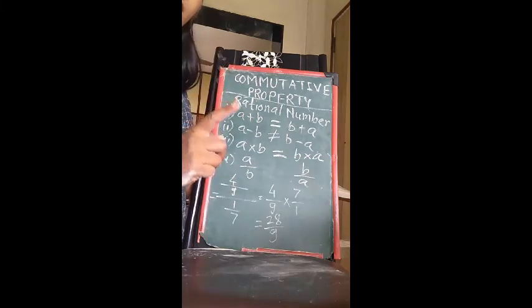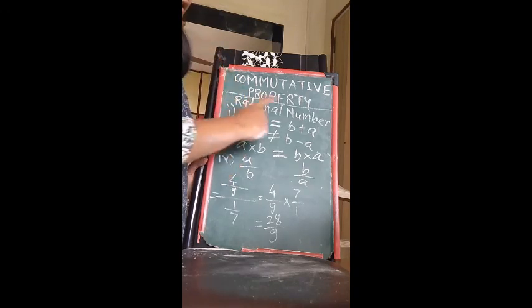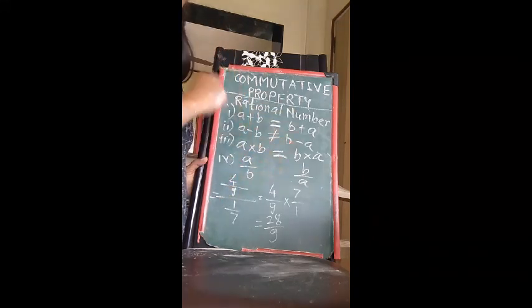Have you got this? So there will be 4 for rational numbers, 4 for integers and 4 for whole numbers. 4 3s are 12. 12 problems you have to solve yourself, taking different numbers.